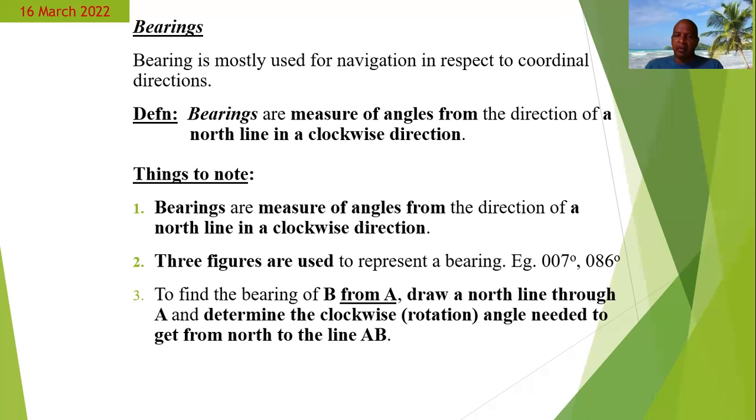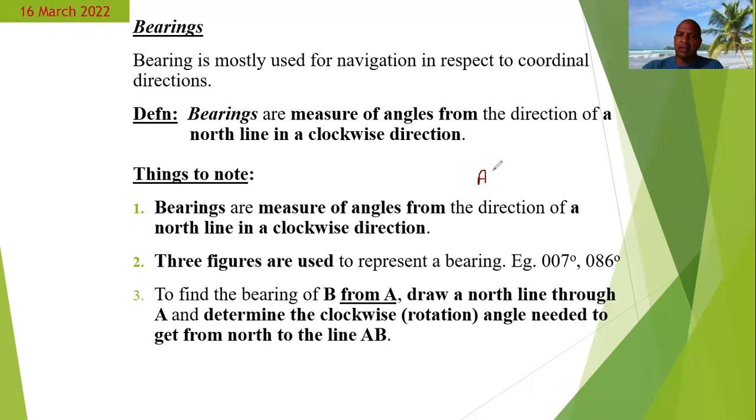Now, remember, you would have a point, just to illustrate what I'm saying. So if this is the point A, and so we're measuring the bearings of B from A, then clearly we're going to draw a north line to A. So whichever letter comes after the word from, you're going to draw a north line to that point.